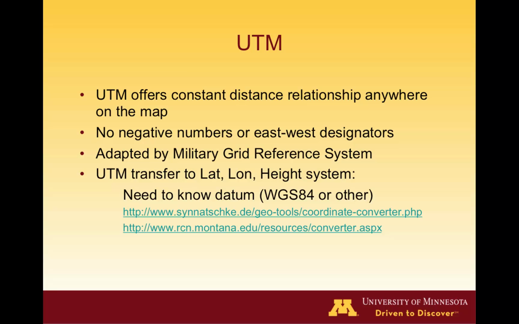So all the numbers in the UTM system are positive, and it is adopted by the military grid reference system for military use, because the idea of separating the Earth's surface into grids is a good way of giving good and precise coordinates based on projection.